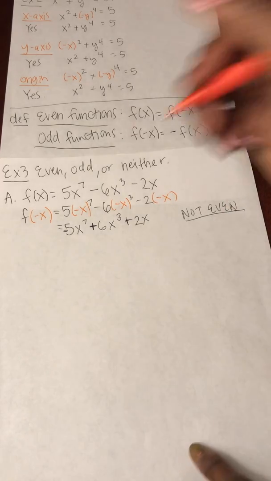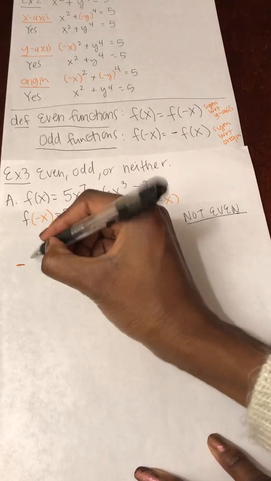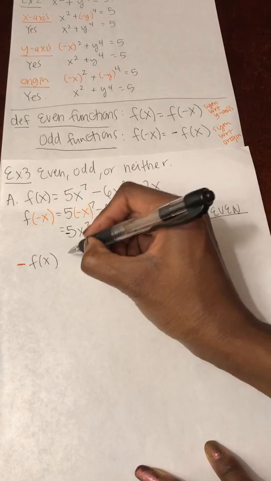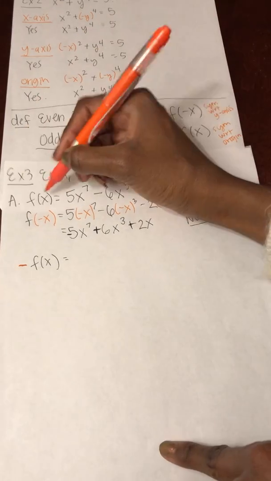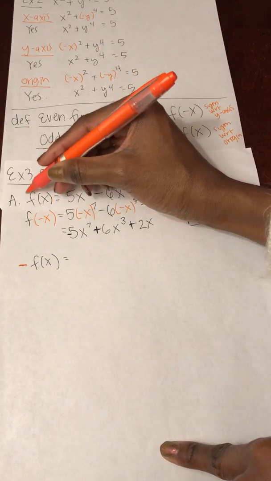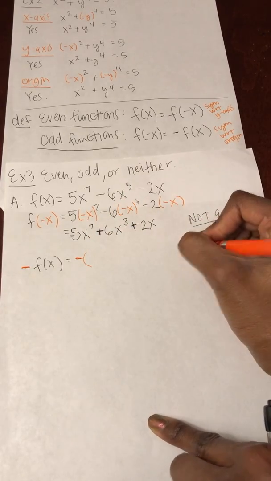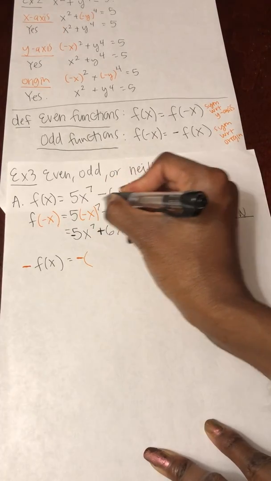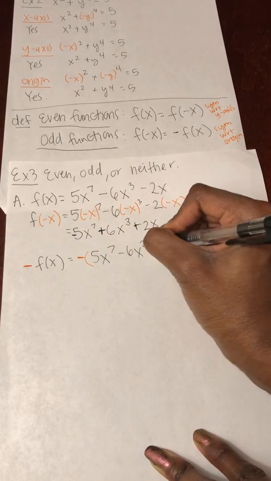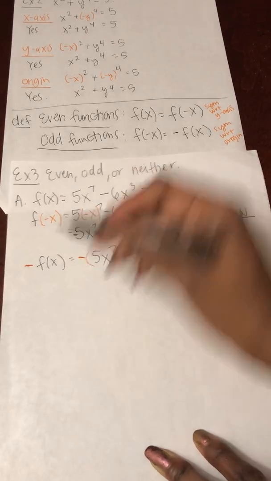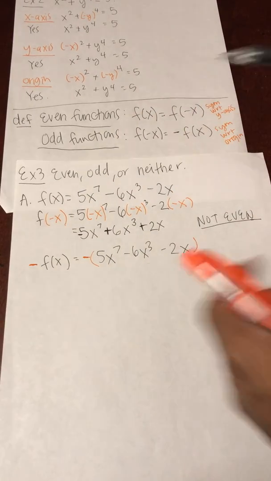So I'm going to do negative f of x, okay? So that means everywhere, since I just changed this whole left-hand side to a negative, I'm going to do that to the entire right-hand side as well. And I'm just going to rewrite the original equation. So it's going to be 5x to the 7 minus 6x to the 3rd minus 2x, okay? So all I've done was multiply both the left-hand side and the right-hand side by a negative.